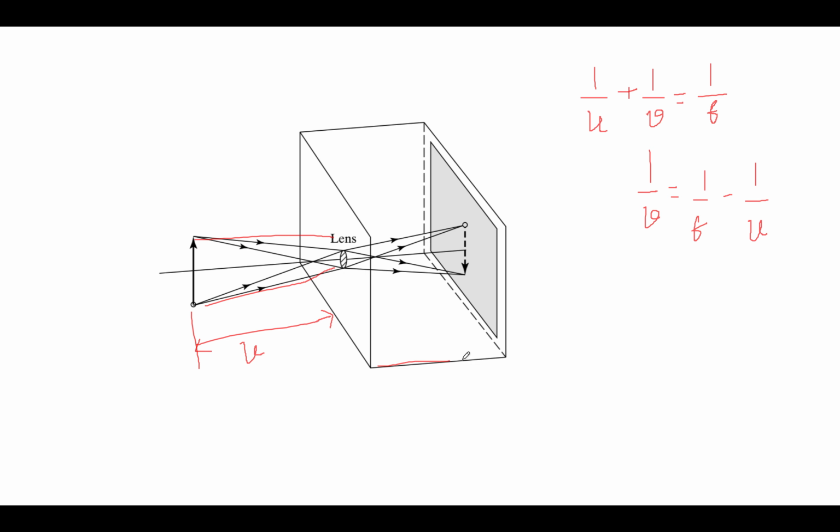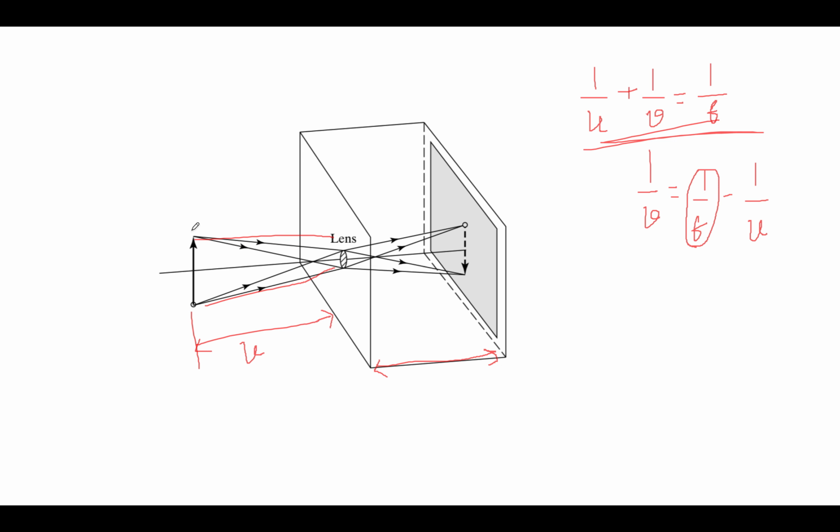So this distance between the lens and the film is limited once you use a lens, because the lens follows a certain equation. It is mainly limited by the focal length of the lens.